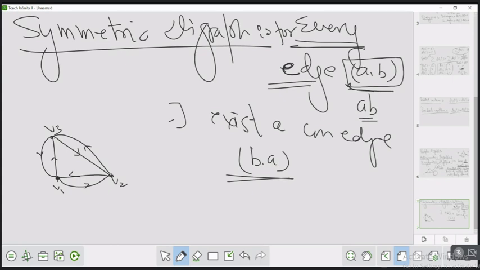For every edge, if AB exists, then BA exists. It may be both, and it may not be.